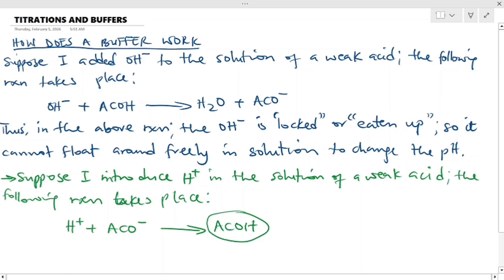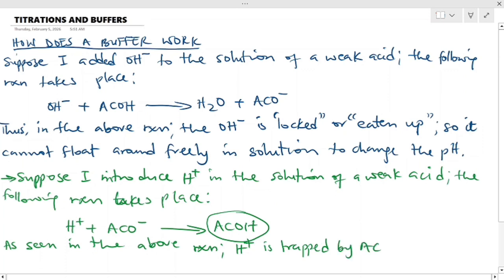Thus, as seen in the above reaction, H plus is trapped by acetate, and it cannot float freely and change the pH.